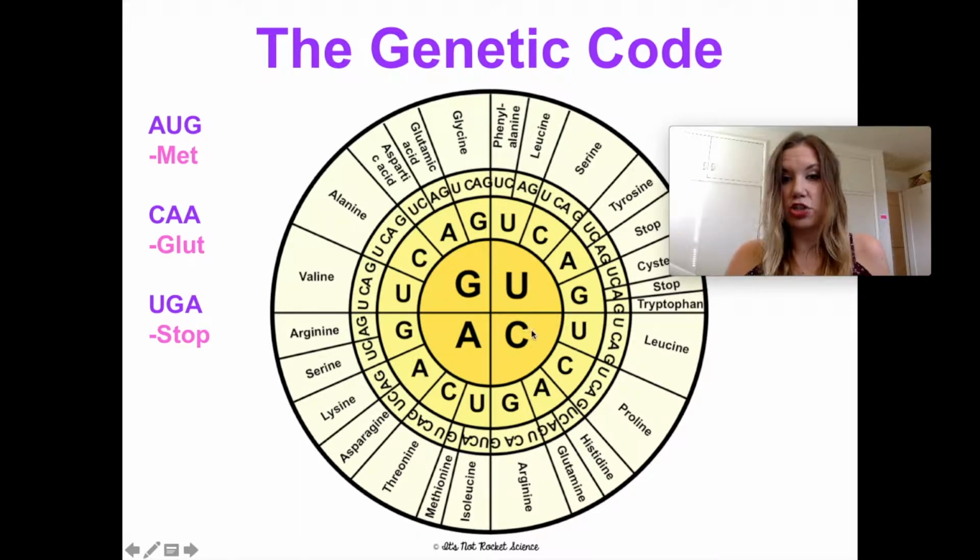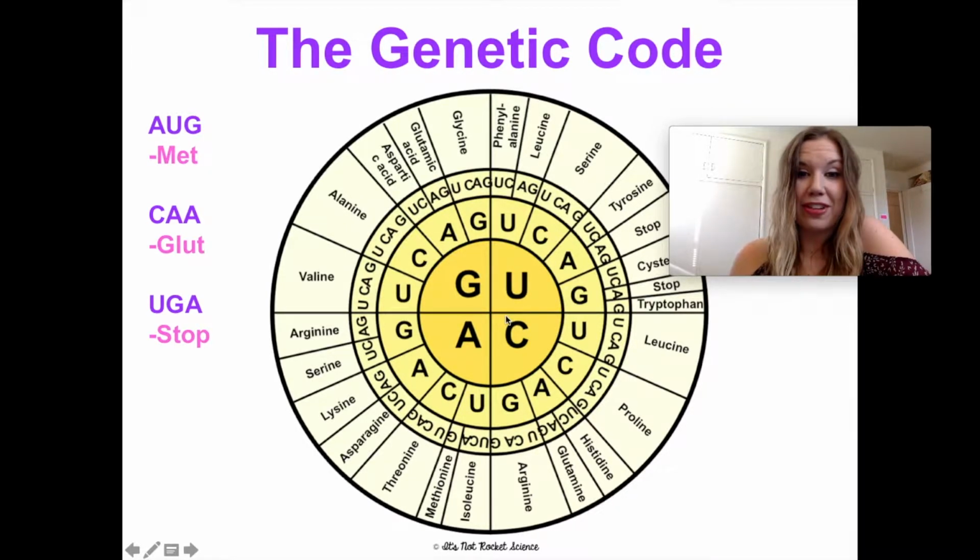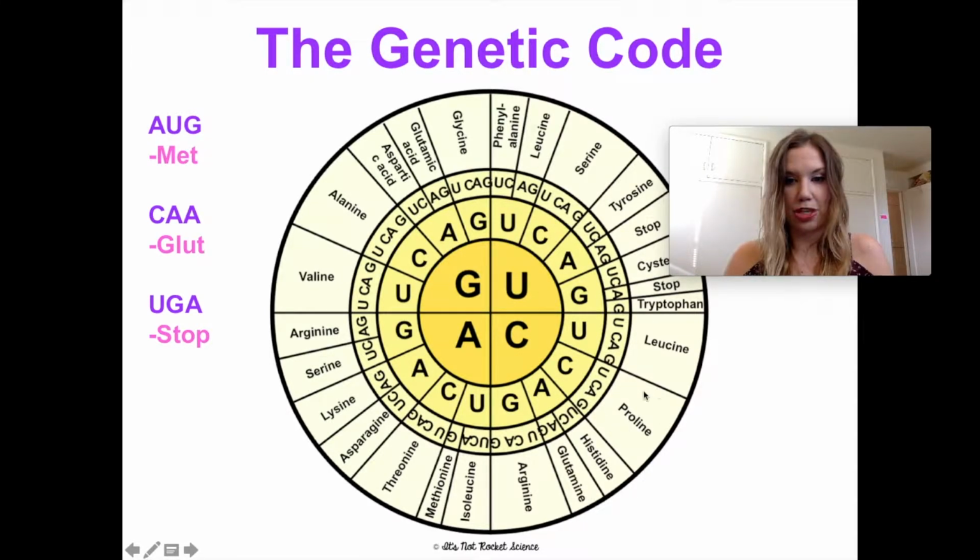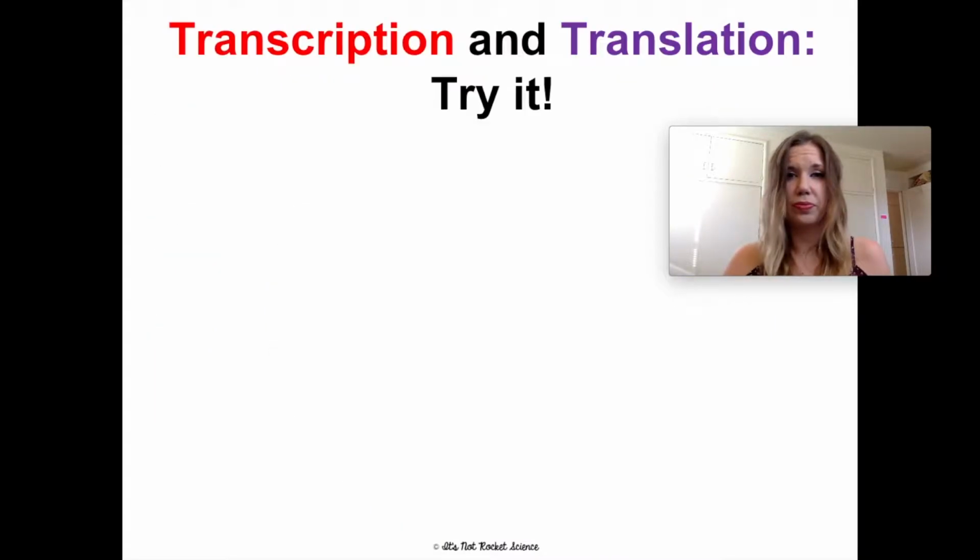Or if it was changed to CUA, not really that big of a deal. So some mutations are more harmful than others, and some don't matter at all. The big changes would be if it happens at the start of the codon. If it changed from a C to an A, that completely changes your list of options, and those would have much larger ramifications.